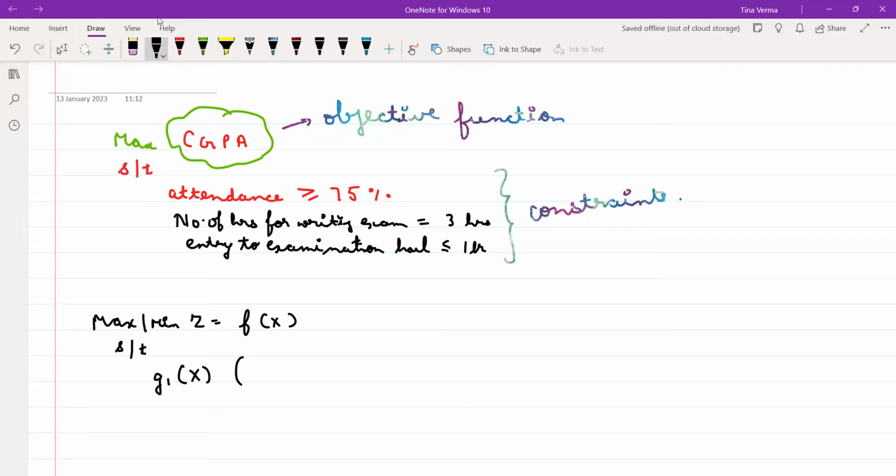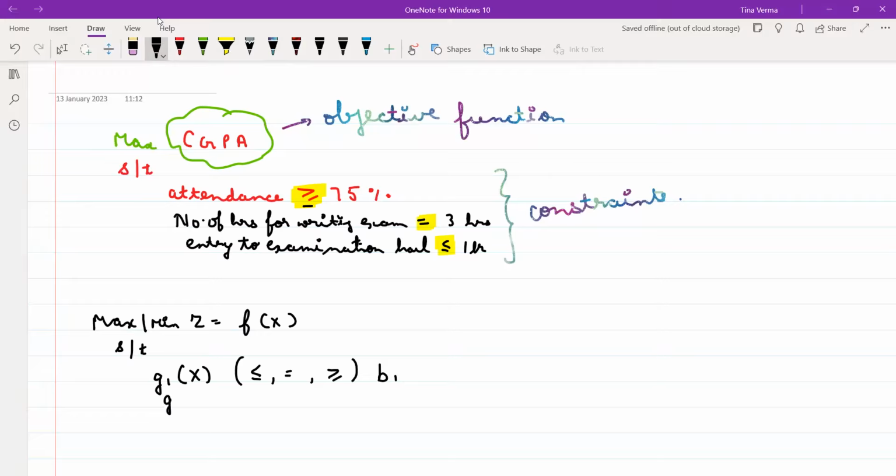Here you can see the inequalities can be less than or equal to, equal to, or greater than or equal to some right hand side that you have to satisfy.